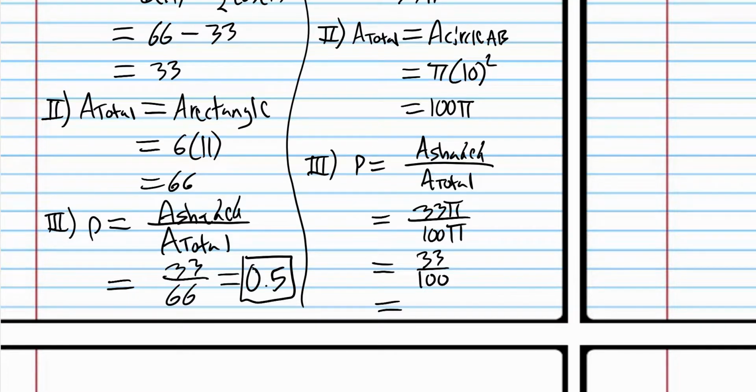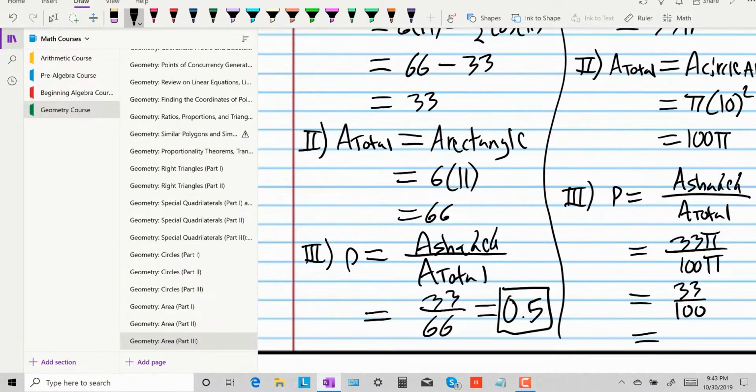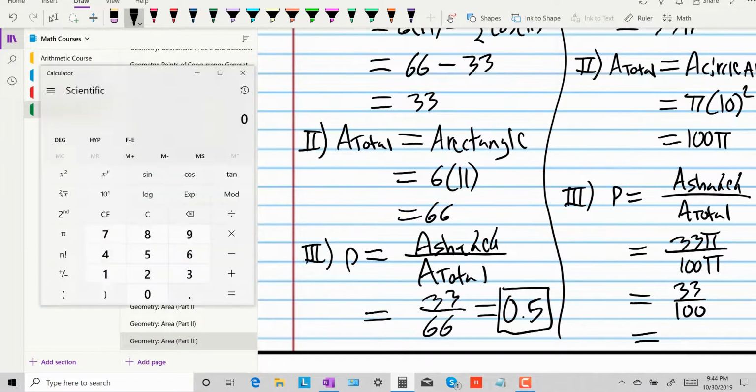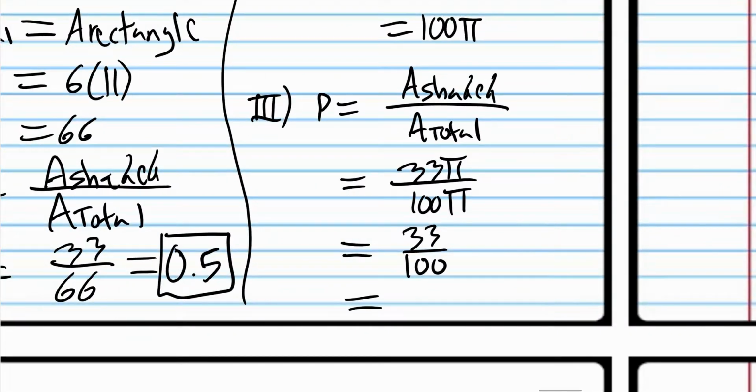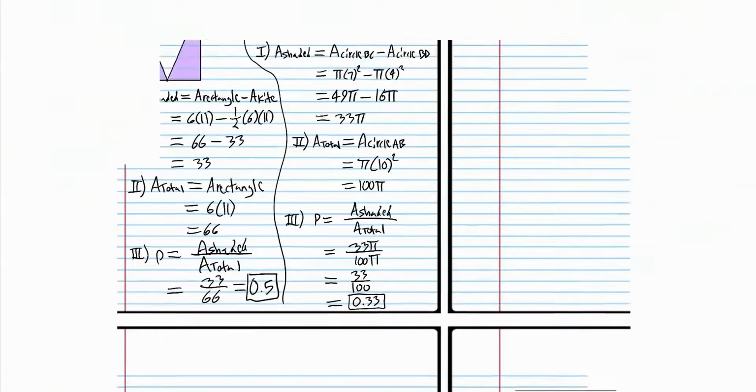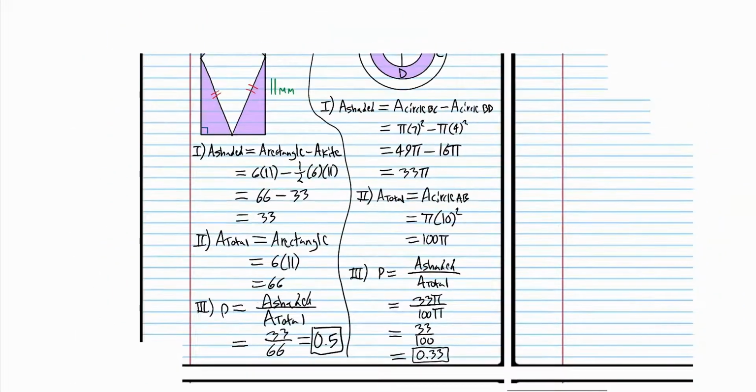So now we can just go to the calculator. 33 divided by 100 equals. And, you know, we didn't really need the calculator for that because if we have a power of 10 in the bottom, that makes it pretty easy to write the decimal. So if you got 0.33, good job.